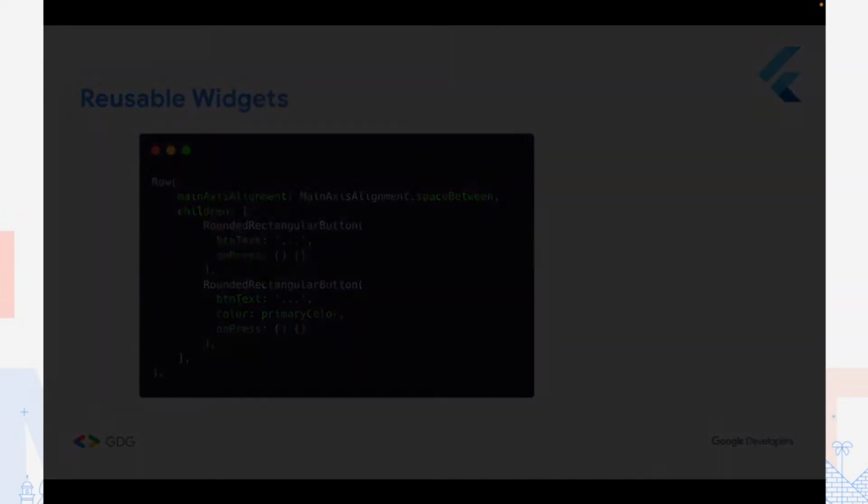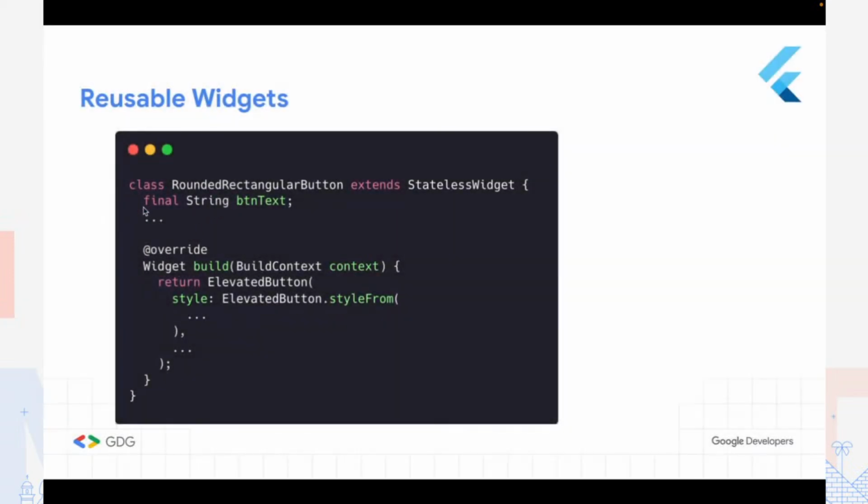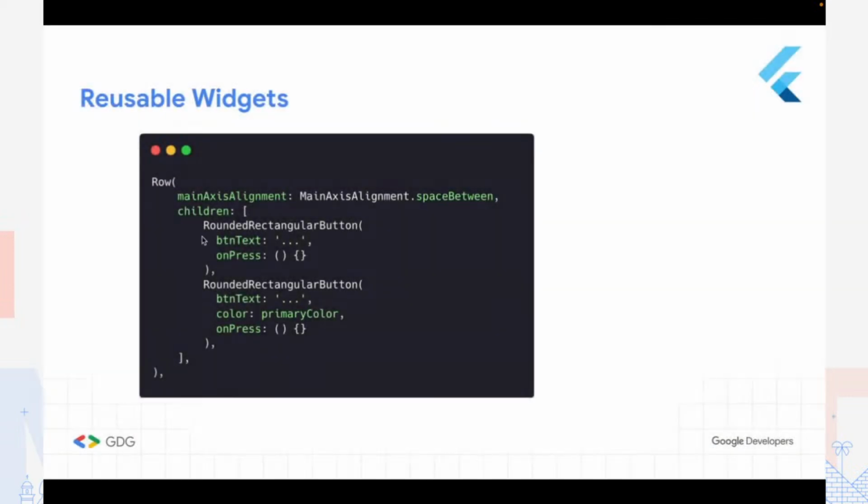I have extracted the widget here. I have some dynamic variables, button text and border radius. And when I am using this widget, I define what my button is going to be for the 3 separate buttons. Here it's text 1, here it's text 2, for the third button text 3. Border radius 20, border radius 22, and border radius 24 here.